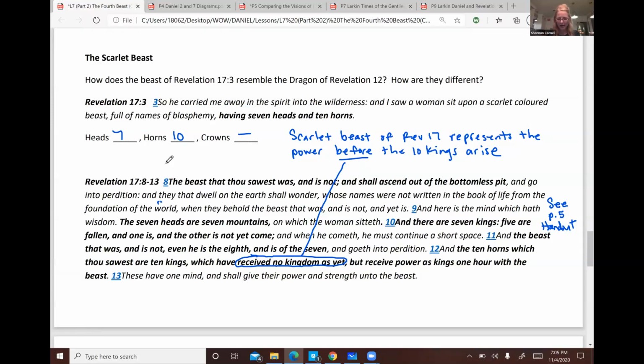But no crowns are mentioned. Okay, what that means is we're in the first phase of this beast. When the 10 crowns appear, we will know that the 10 kings have come into power. And that will happen in Revelation 13.